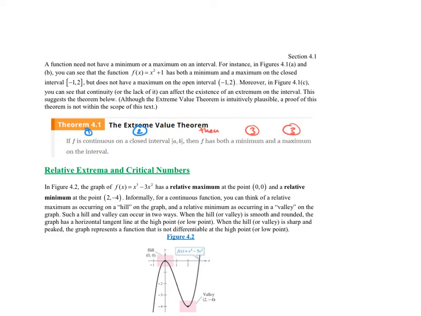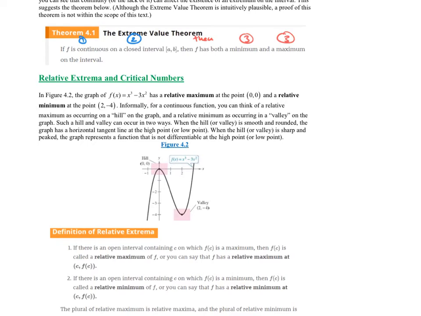If you meet these 2 conditions, if your function is continuous and you're considering it on a closed interval, then you can draw the conclusion it has to have a maximum and it has to have a minimum. And it says this is relatively intuitive. So let's think about this.